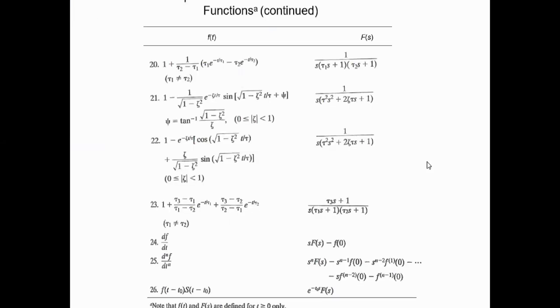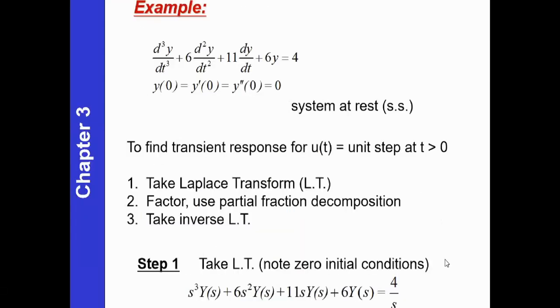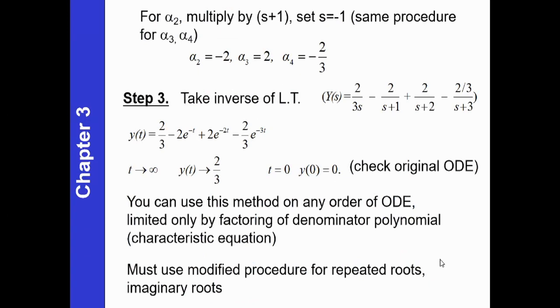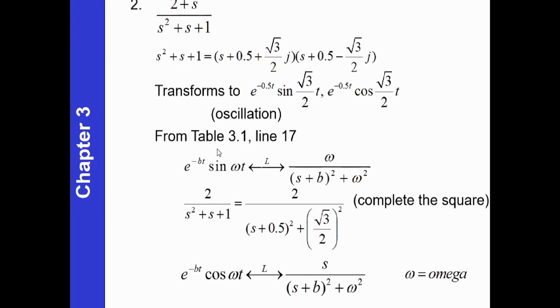Table 3.1 shows Laplace transforms for various time domain functions. So row 17 here, which is this one. For b and omega real, the Laplace transform F(s) is given by this. Here we have the solution for that.